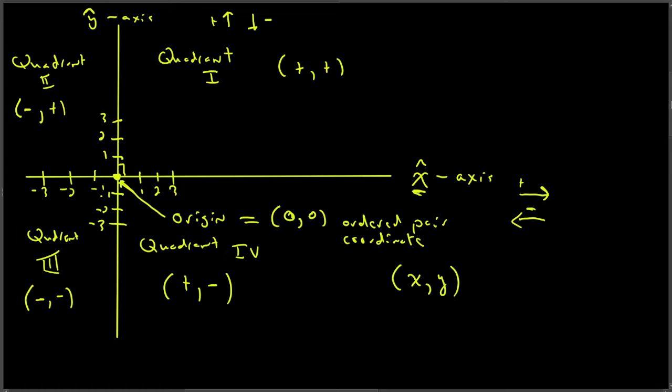So to graph things in a Cartesian plane, we focus on the two values in the coordinate pair. They become a point. So for example, I'll do some points here. We'll look at the point 0, 5.